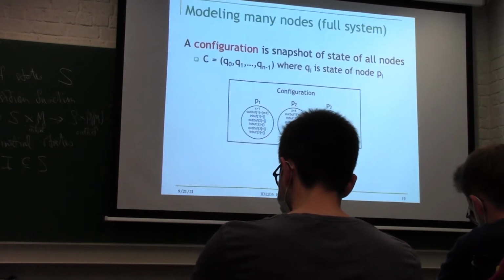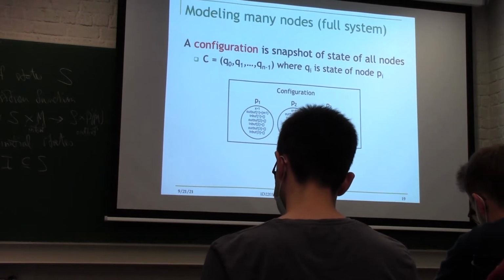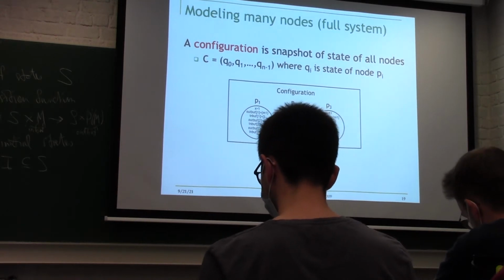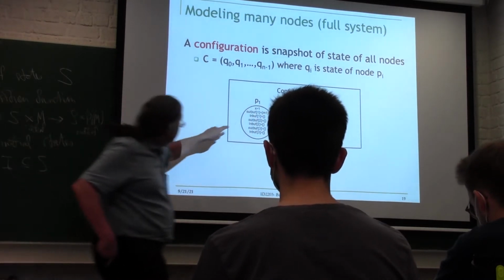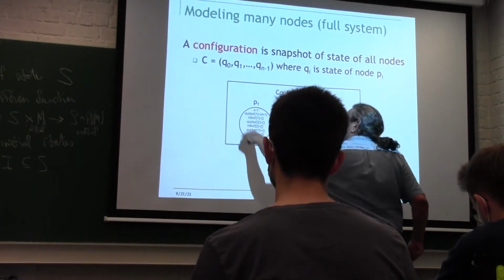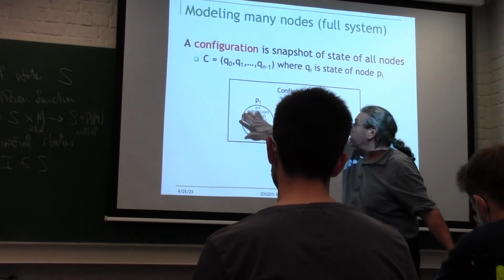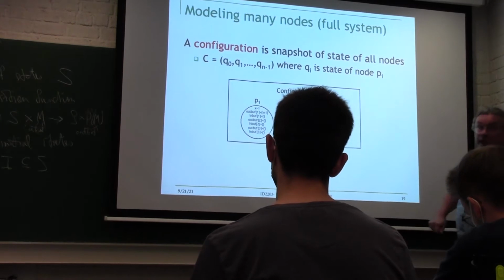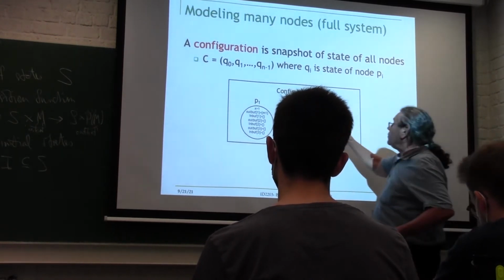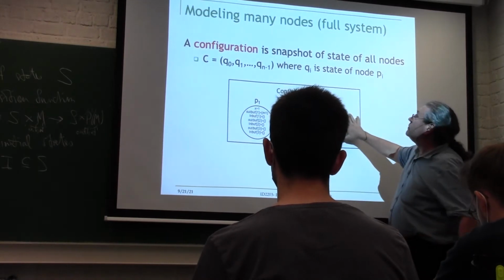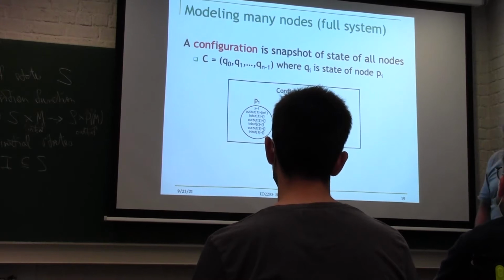Now let's look at many nodes. First of all, I need to introduce a terminology. Each node has a state, so this is the state of a node. But this is a distributed system with 3 nodes. In the distributed systems community, we don't use the word state for the whole system.